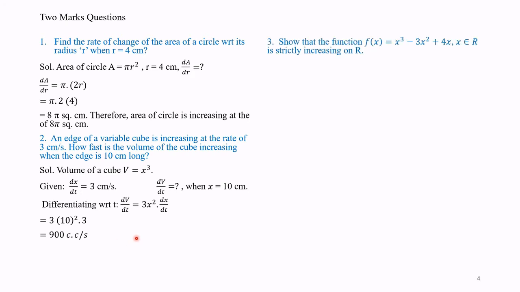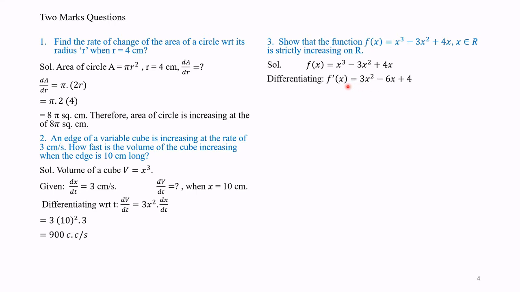Next problem. Show that the function f(x) equals x cubed minus 3x squared plus 4x, for x belonging to R, is strictly increasing on R. The given equation is copied as it is.